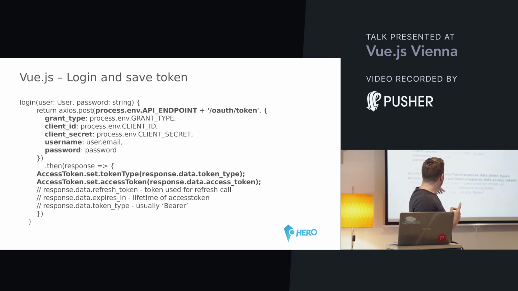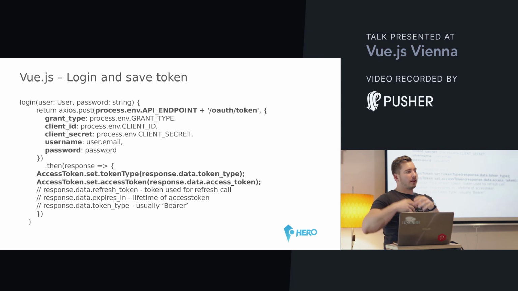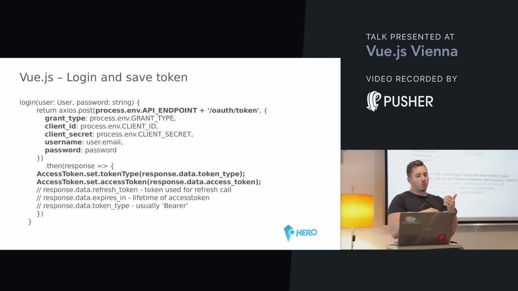Yeah, here you can see the complete function. So we're doing the login. We try to get an access token. And in the promise after that, we save the access token to the local storage. In addition, in this example, we also save if the user logged in with email and password or with a social login like Facebook, something like that. I will also show that.